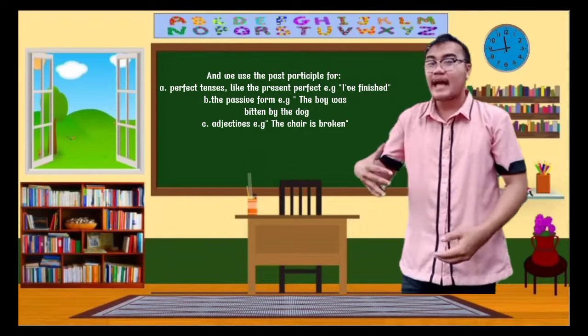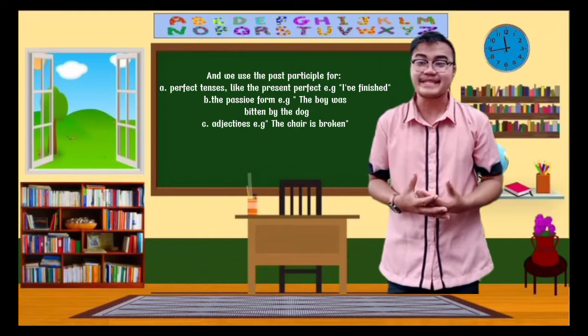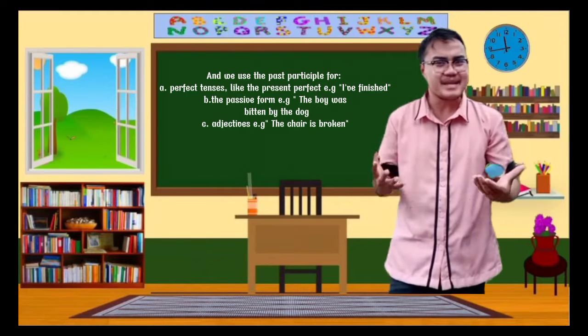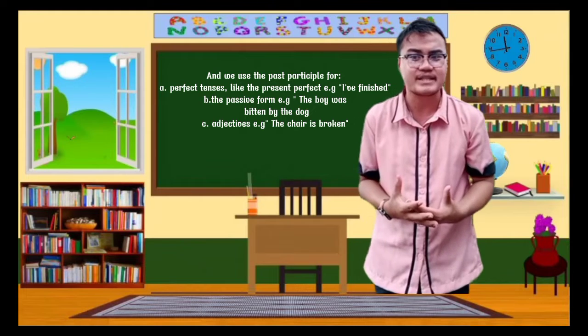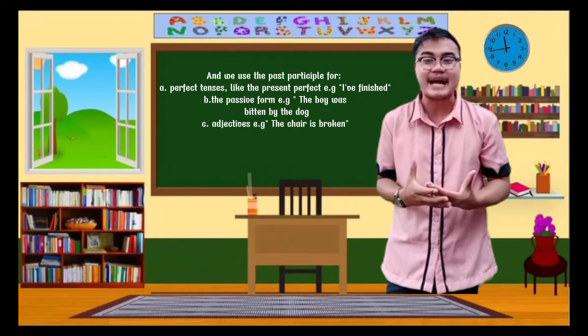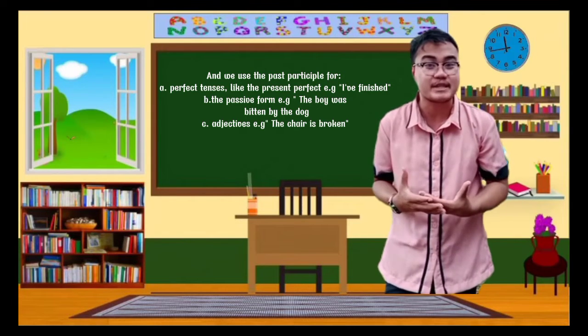For example, I've finished. The passive form. For example, the boy was beaten by the dog. So what makes a sentence become a passive voice? In a sentence using passive voice, the subject is acted upon. He or she receives the action expressed by the verb.